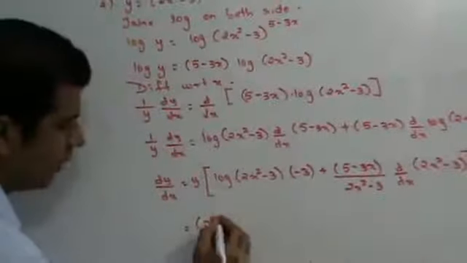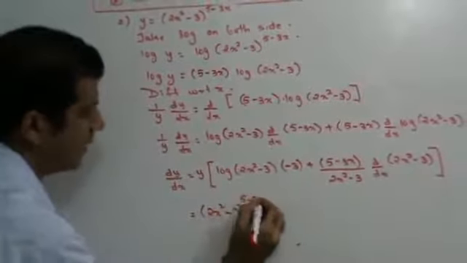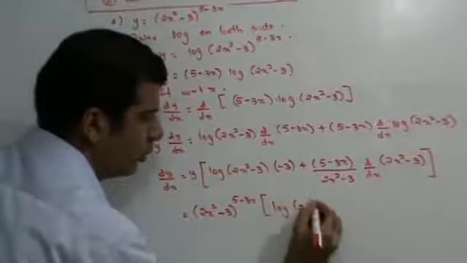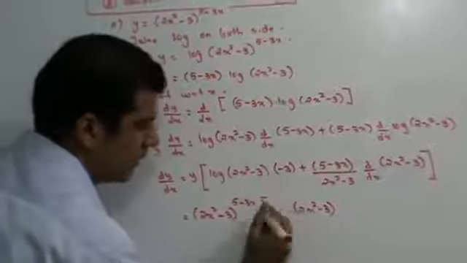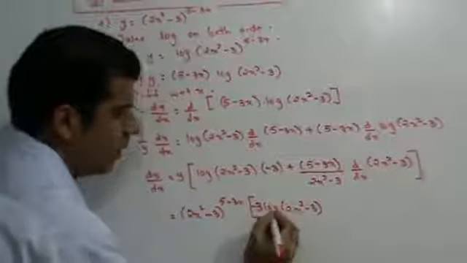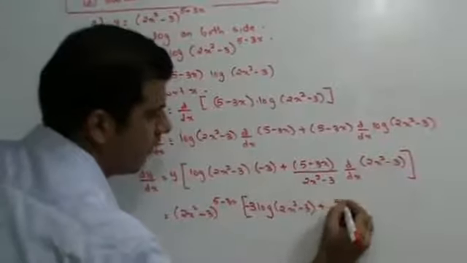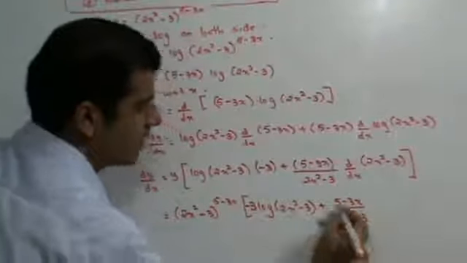So you will get (2x² − 3) raised to (5 − 3x) [−3 log (2x² − 3)] — this minus 3 I can write first — so minus 3 log of this, plus (5 − 3x) upon (2x² − 3).